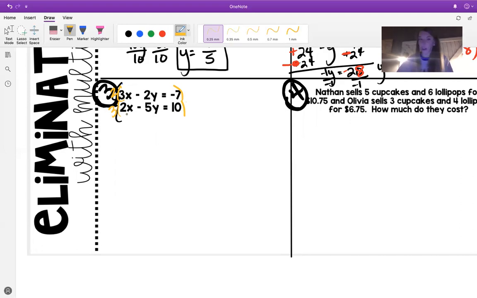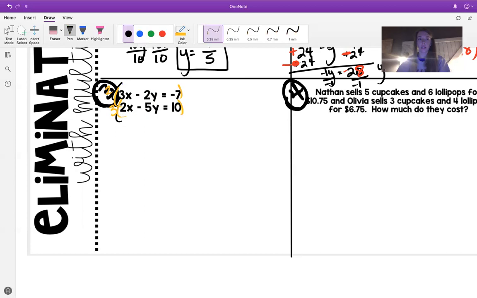All right, if that's not what you saw when you first looked at it, you can also see that we have a 2 and a 5. So I could multiply this one by 5, and I could multiply this one by 2, and that would make these both 10. Either way is okay to do. Just choose one way and stick with it. I'm going to do this one where I multiply it by 2 and 3.